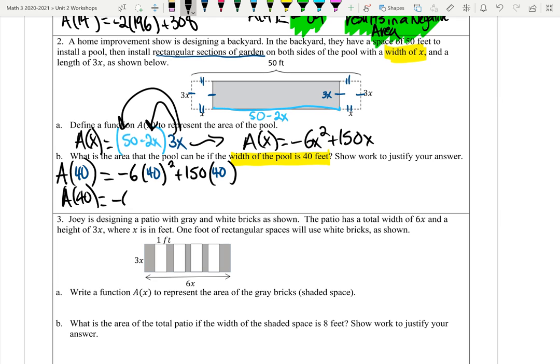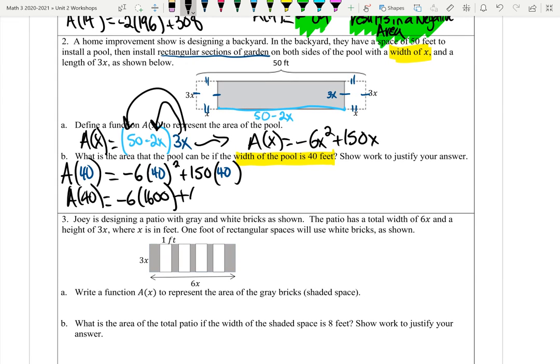I'm going to square it first. 4 times 4 is 16 with 2 zeros. 150 times 40 is the same as 15 times 4. 15 times 2 is 30. 15 times 4 is 60. So this is going to be plus 6000. And this is going to be negative 9600 plus 6000.